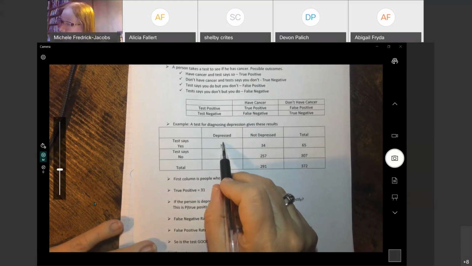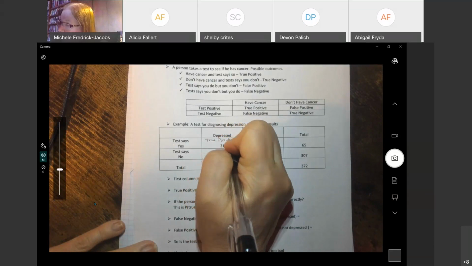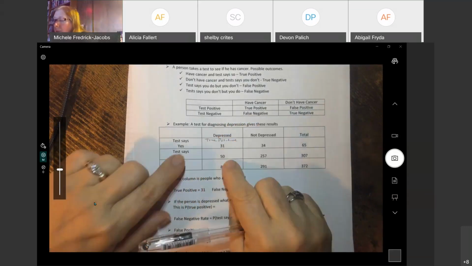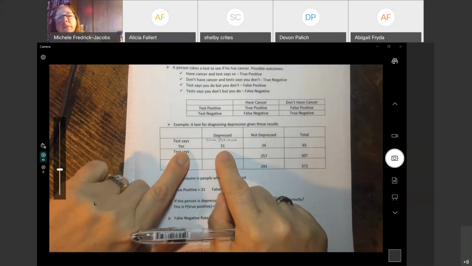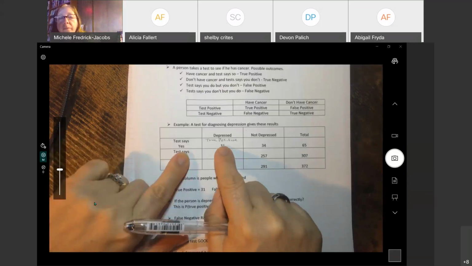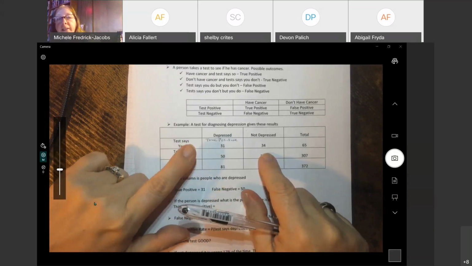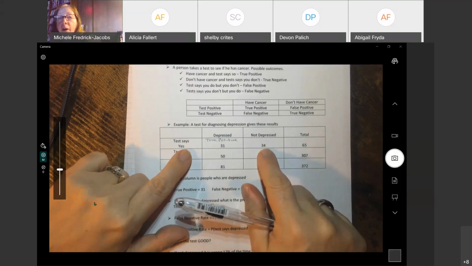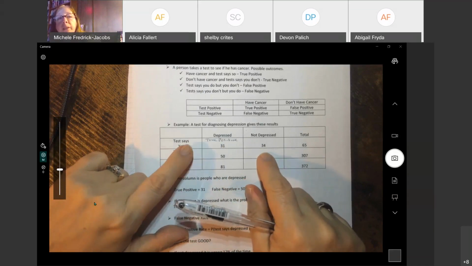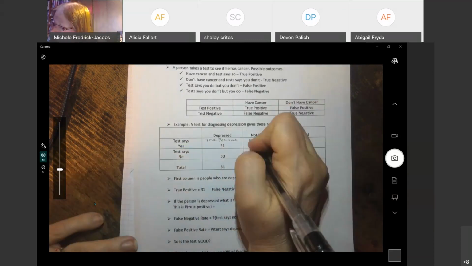So this would be our true positive, because the test says you're depressed and you are depressed. And that would be 31. This one would be the test said you are depressed, but you're not. So that would be positive for the test and false because you're not. So this would be a false positive.